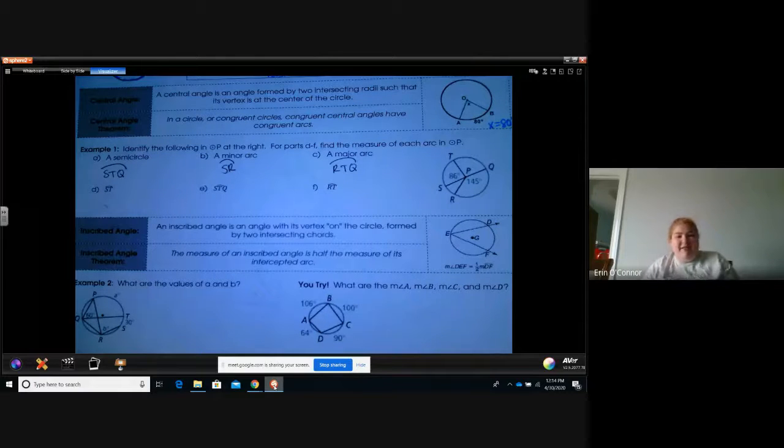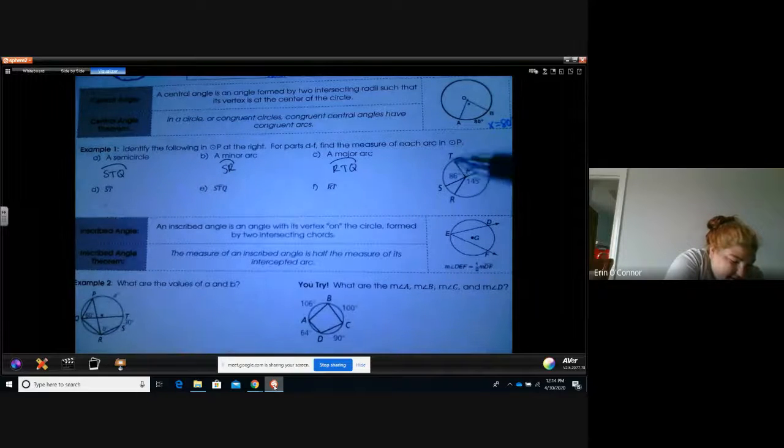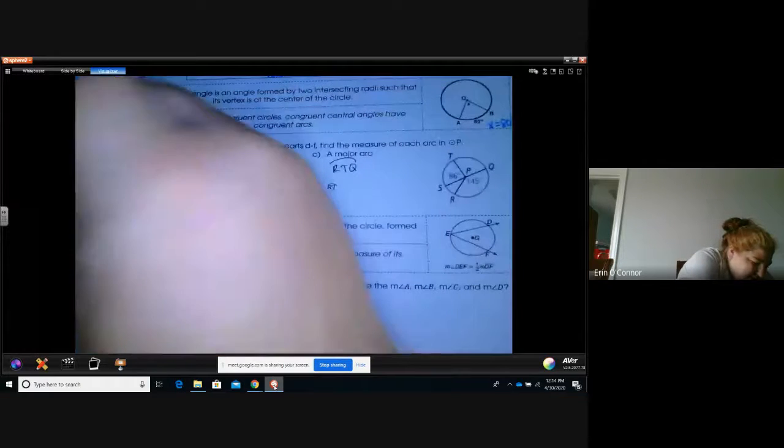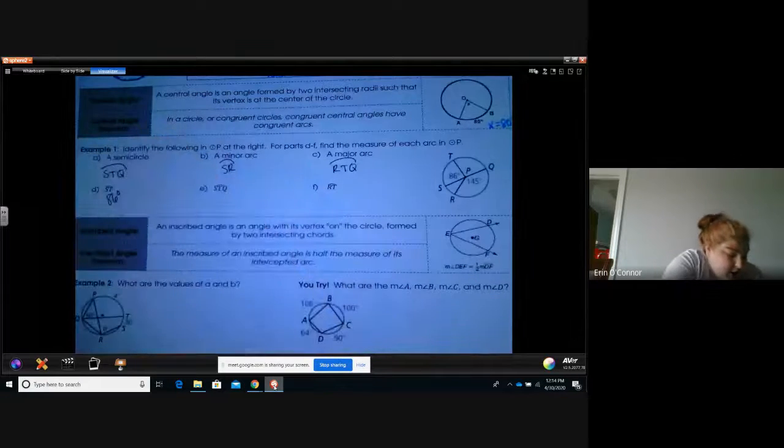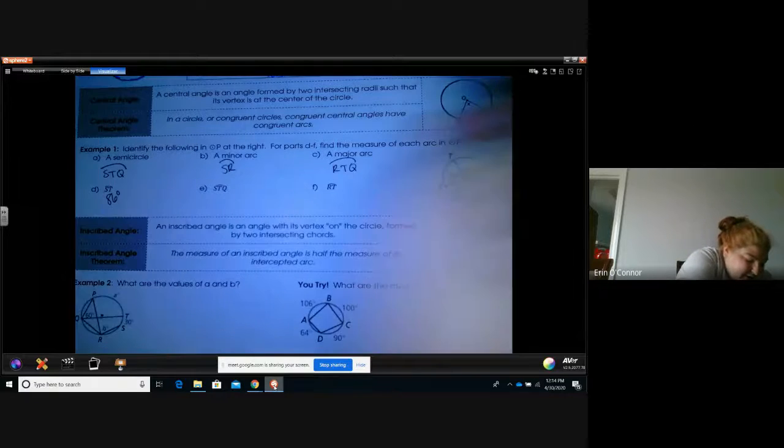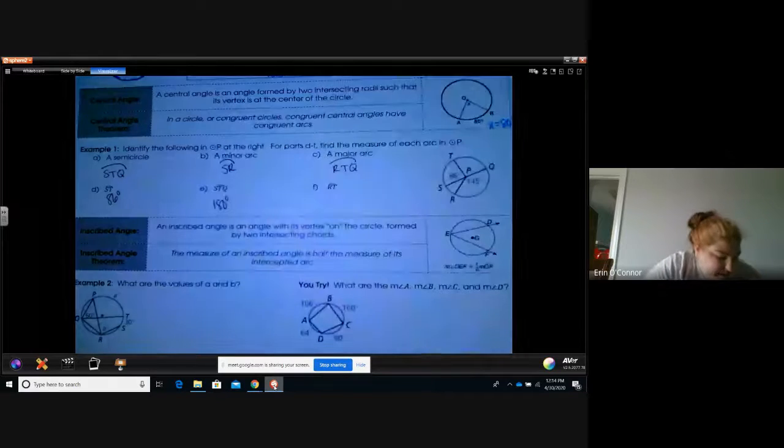You could do anything that creates an arc more than 180 degrees. Okay, the measure of arc ST. Well, ST is here. So it is of arc ST. Well, the angle is 86, so the arc is also 86 degrees. STQ. So STQ, well, this is a semicircle. A semicircle is half of a circle. And so half of a circle is 180 degrees.